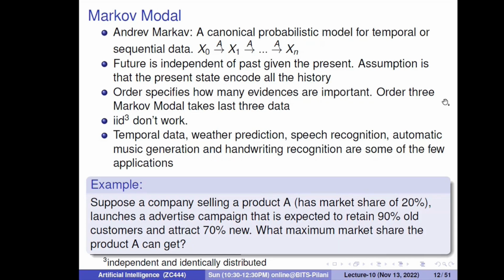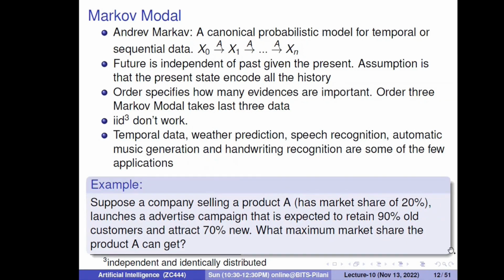Bisleri has 20% market, meaning out of 100 people, 20 buy Bisleri shampoo. And the company is going to launch an advertisement campaign that is expected to retain 90% of the old customers and attract 70% of new customers.